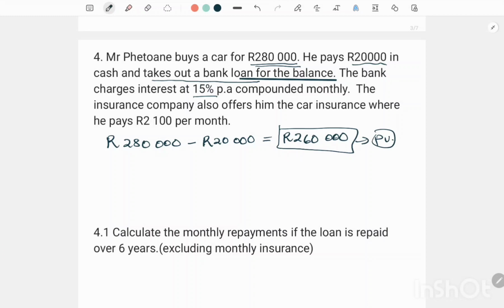Then the interest is 15%, so it's 15 over 1.2. Then the loan is repaid over 6 years. So your N is 6 multiplied by 12, which is 72.